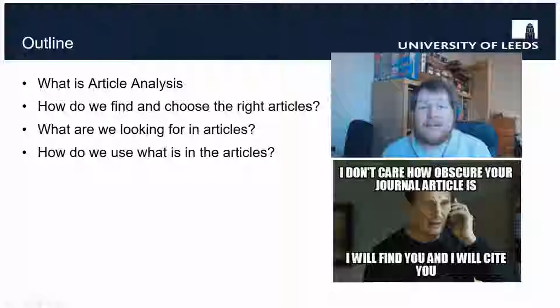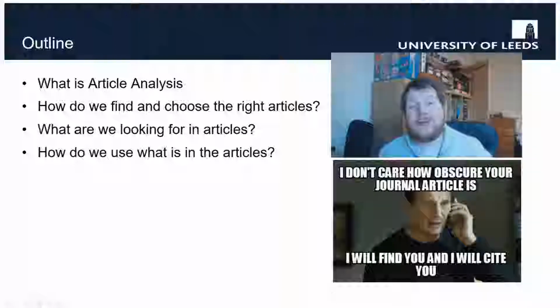We're not expecting you to read every word of every page of every article that you find. It's all about prioritizing the data. So the introduction of one particular piece of work might be very useful to you. The conclusion of another piece of work might be useful to you. One particular subchapter might be useful to you.